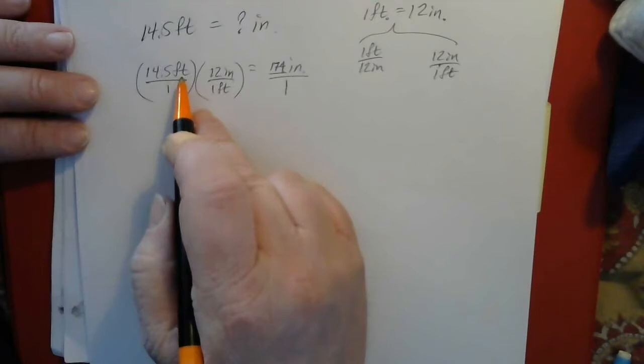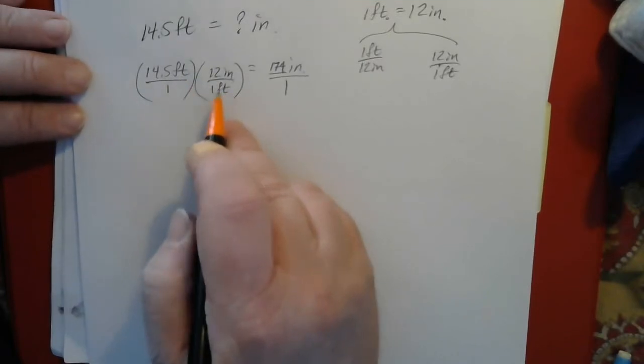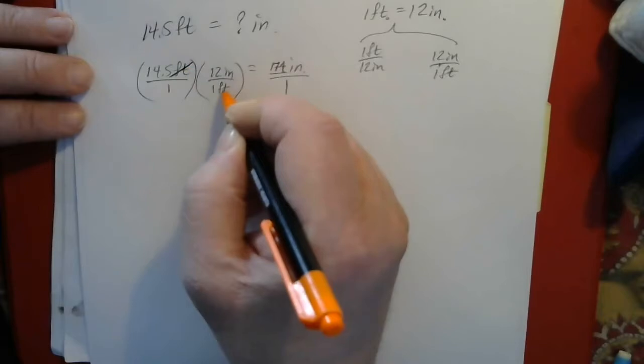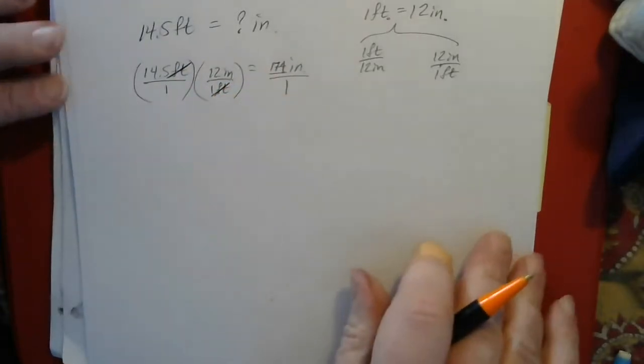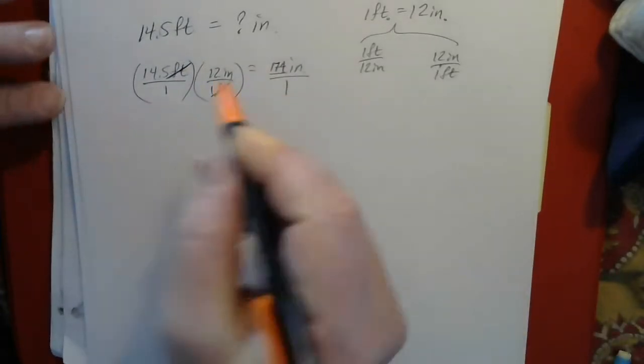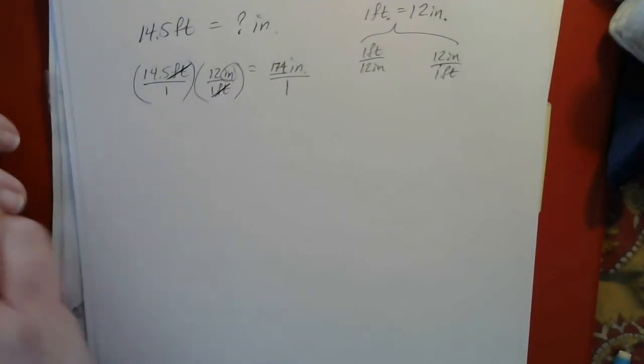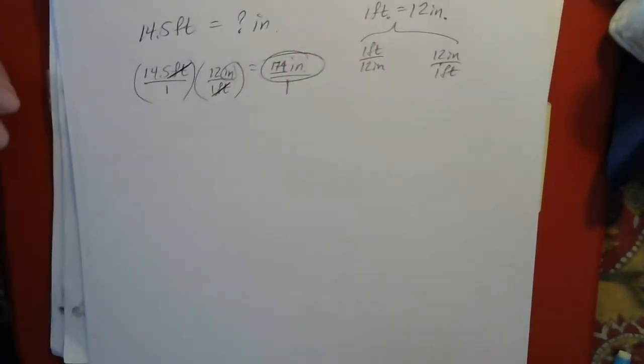We have feet in the numerator here, and we have feet in the denominator here. And so feet divided by feet is just 1. So effectively, the feet cancel out. And you end up with inches in the numerator as your unit. And so we have 14.5 feet would be equivalent to 174 inches.